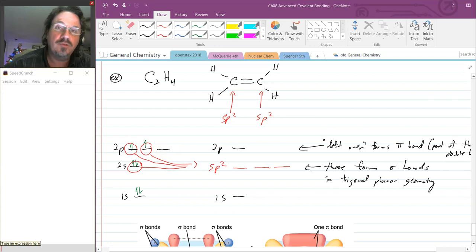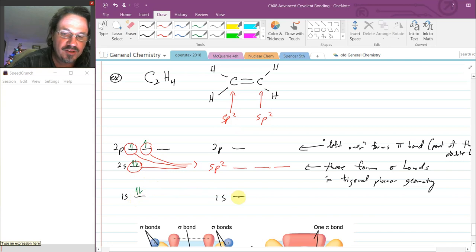Now what I'm going to do is form the hybrids though, because this carbon doesn't keep those. This carbon goes into sp2 hybrids. In other words, it takes its s and it takes 2 of the p's, hybridizes them together to an equal energy, in this case threefold degenerate hybrid atomic orbitals. All right, and so I've indicated this with my red circles and arrows here.